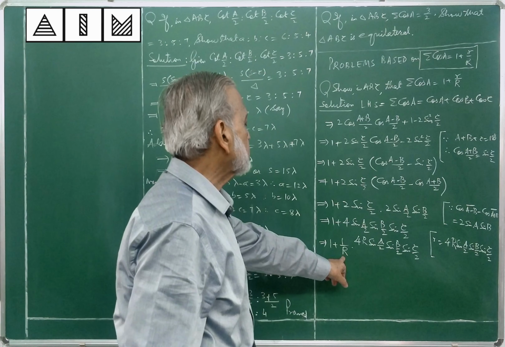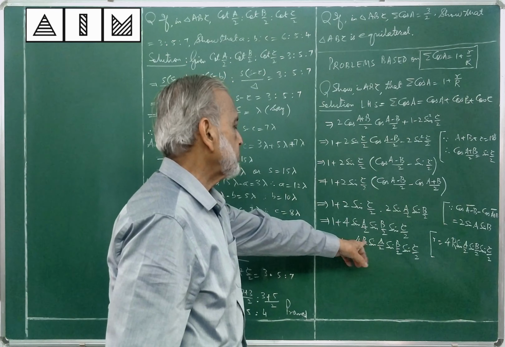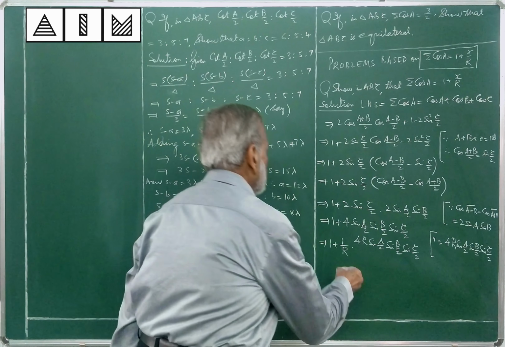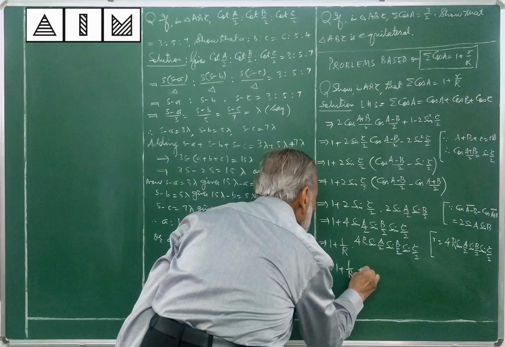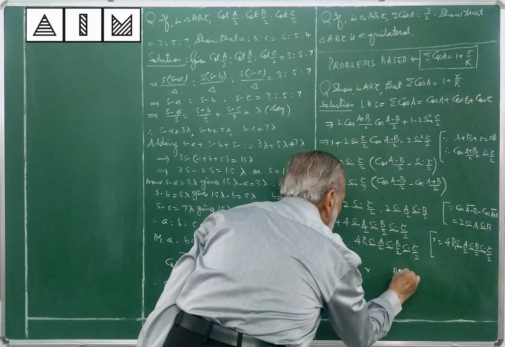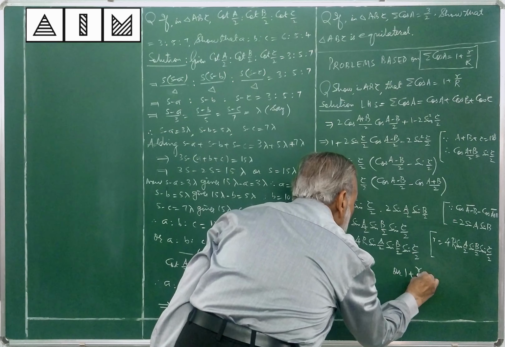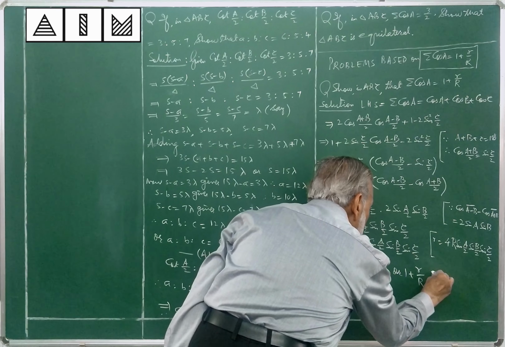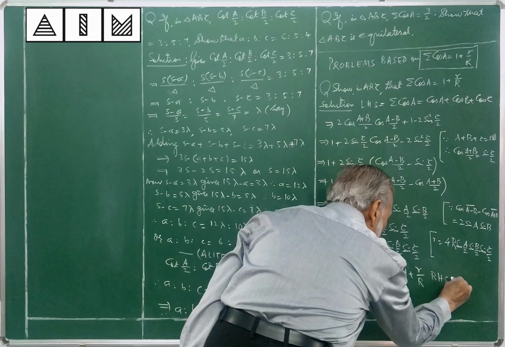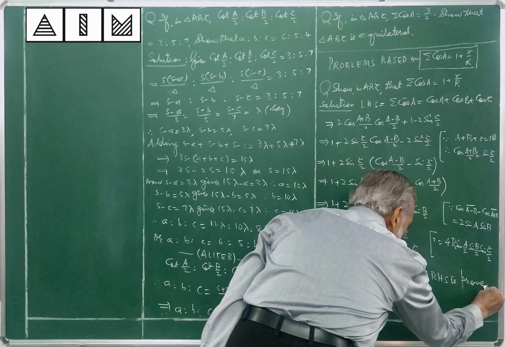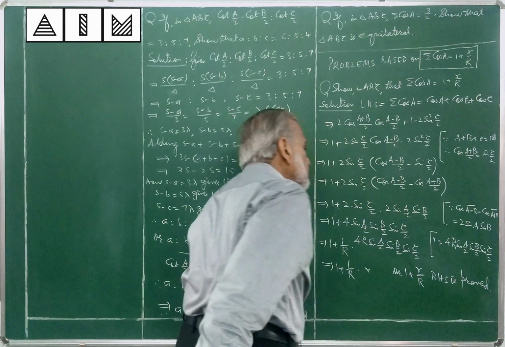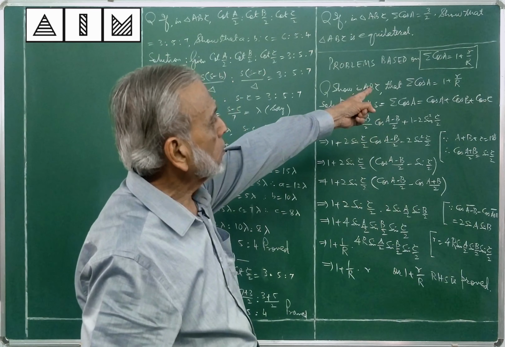This R is compensating this R, and this R is taken to suit that formula. Right hand side is proved: 1 plus r by R for sigma cos A.